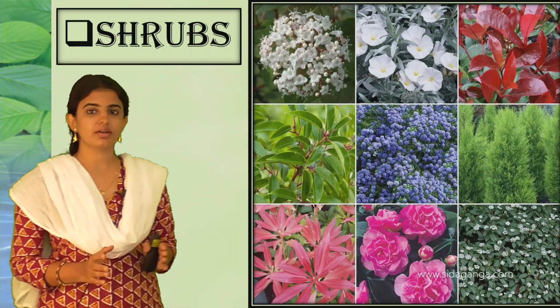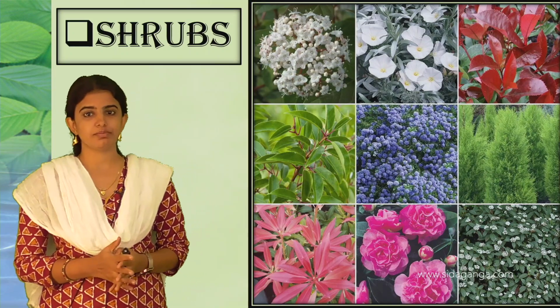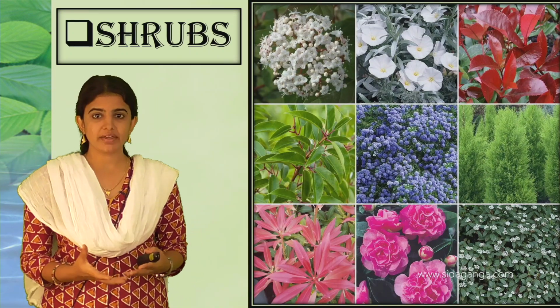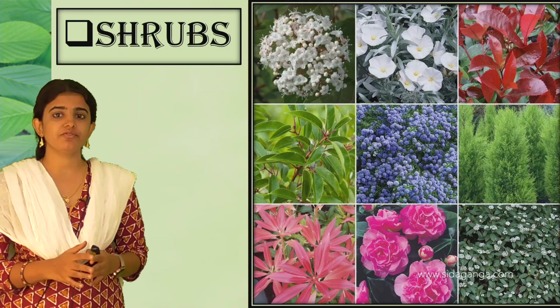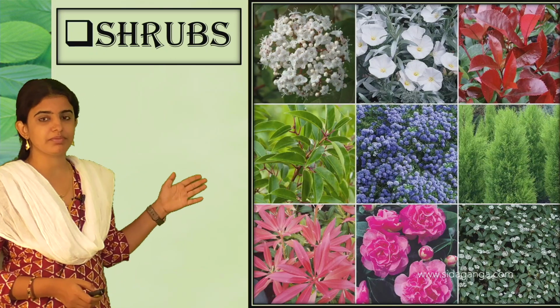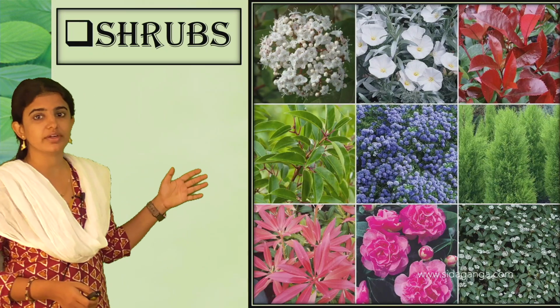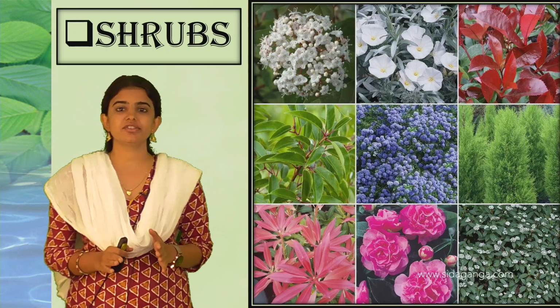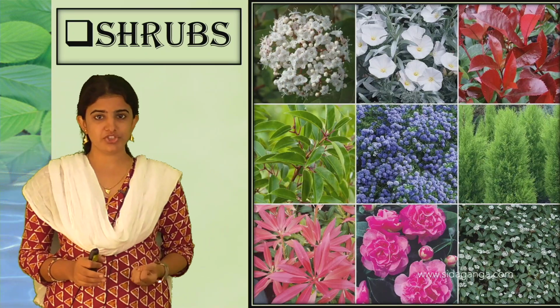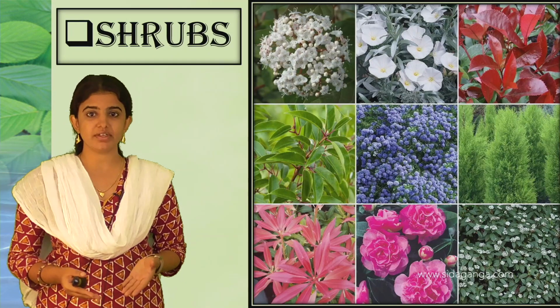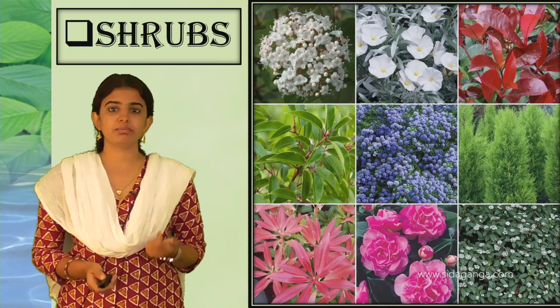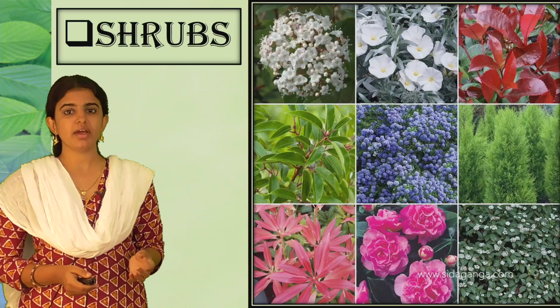See, shrubs are medium sized plants, and varieties of shrubs will be present in our surroundings or in the environment. These shrubs appear bushy because the leaves are present at the stem. Examples of shrubs are lemon and hibiscus.